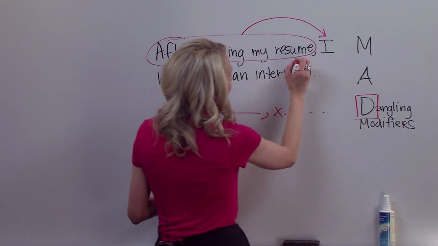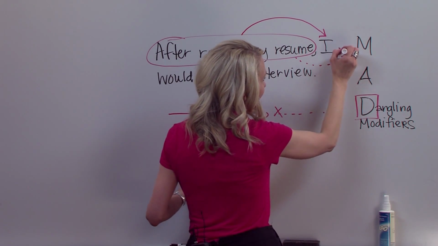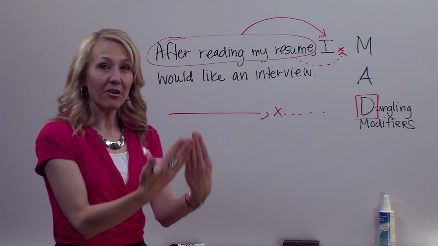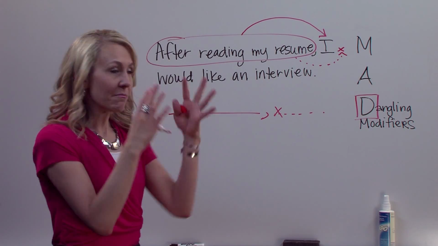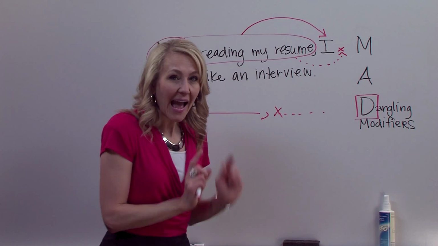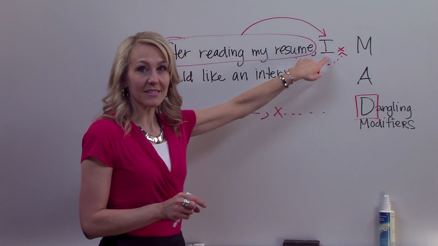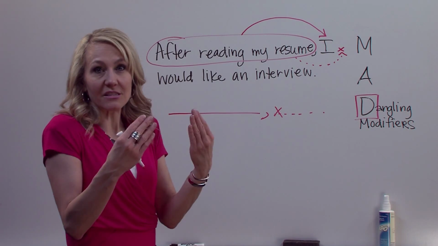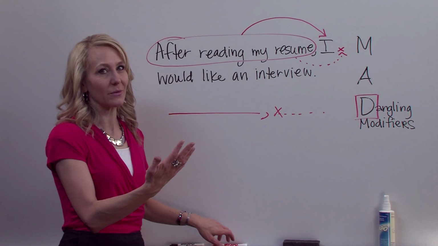And then I'm going to test it by verbally stating the modifier phrase after the subject to see if in fact the modifier phrase is accurately describing that subject that the sentence has positioned it to talk about. So let's talk through this process with our sentence.